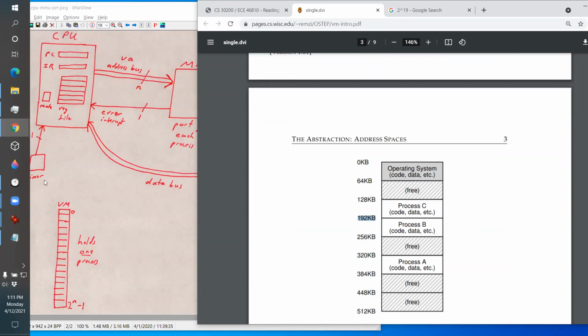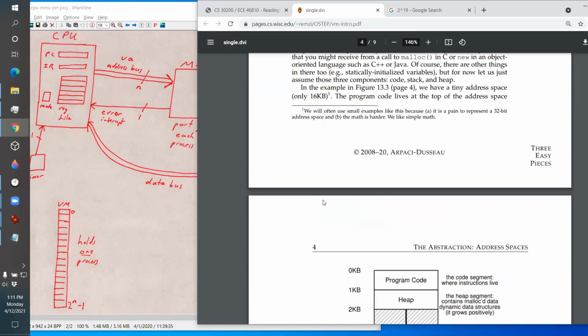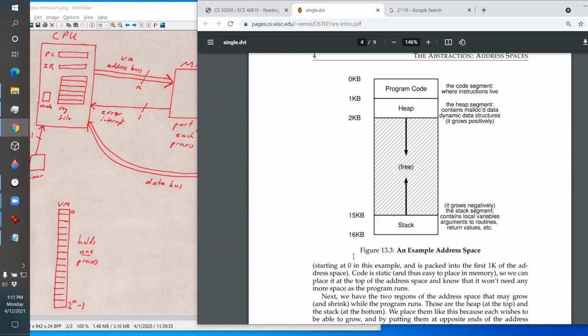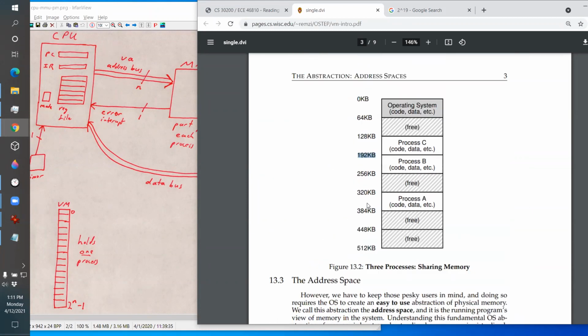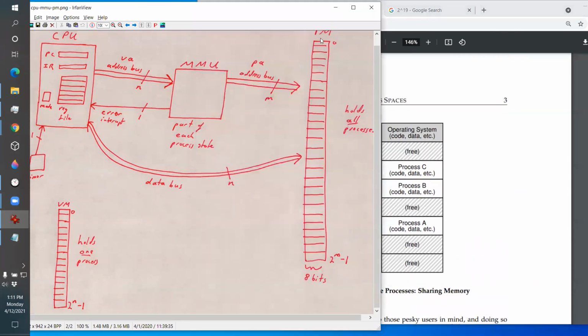In user mode, the CPU thinks everything starts at 0 and goes up to 2 to the n, where n is the width of the program counter. In this picture, the CPU has a 14-bit program counter, because we said this was a 14-bit address space, but the actual physical memory is going to be 19 bits.